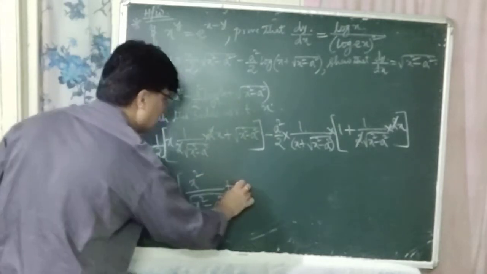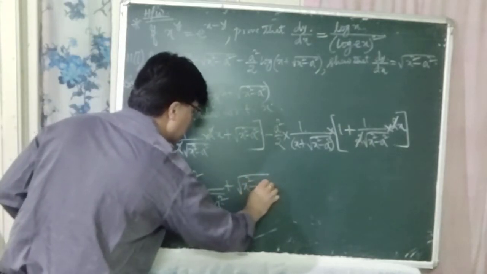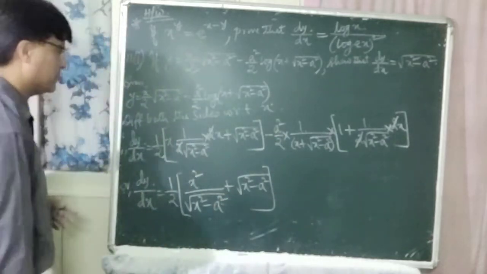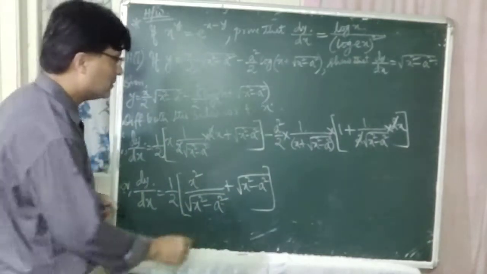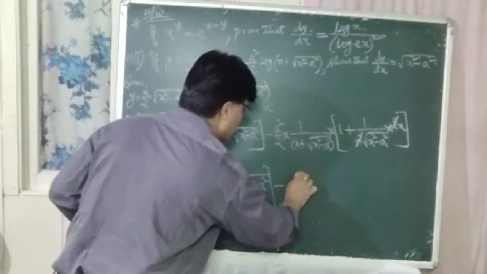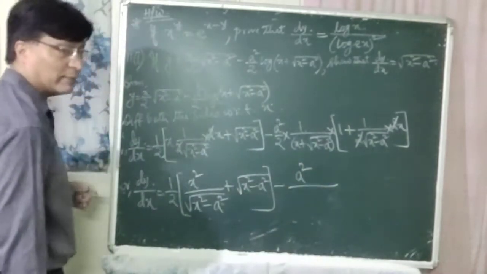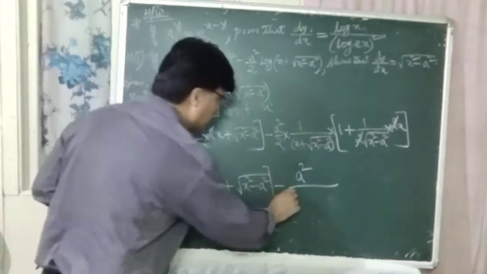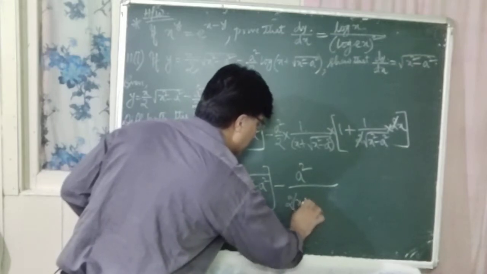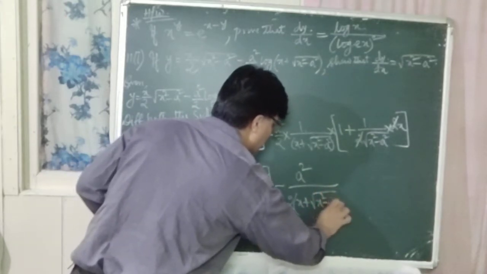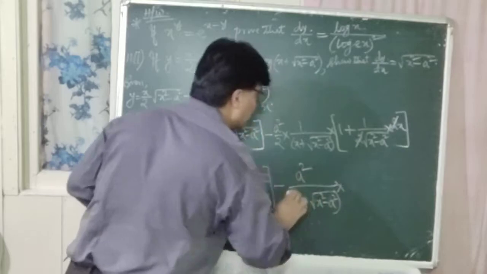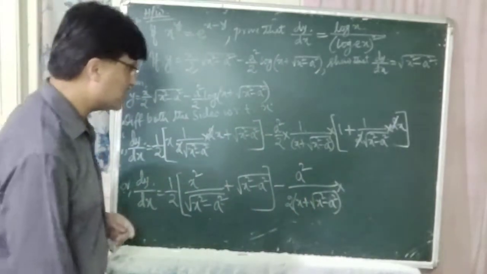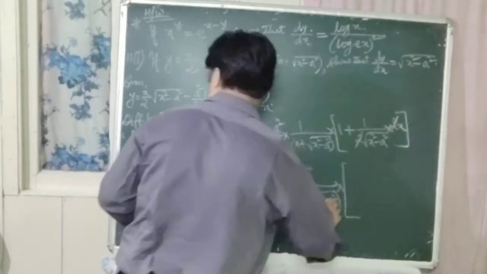Then plus this one is root under x square minus a square. Is that clear? Then minus a square into 1. A square divided by, in the denominator what is here? It is 2 within bracket x plus root over x square minus a square into, so what's the LCM out here? So what's the LCM now?